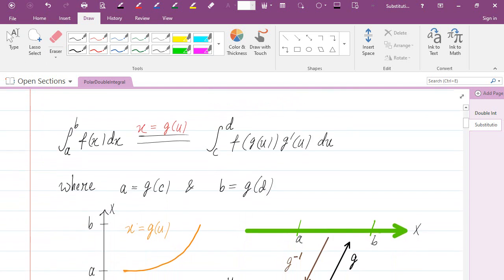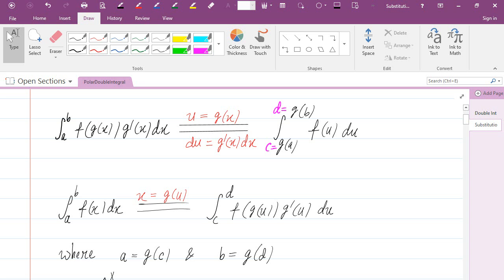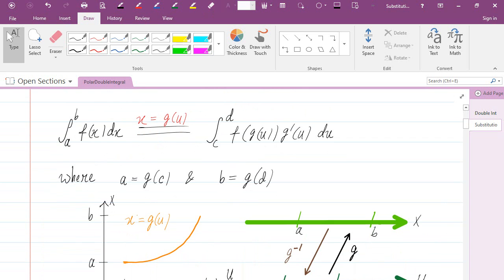So let's say we have the integral from a to b of f of x dx, and then we are going to substitute g of u for x. If we do that, then the differential of x would be g prime of u du. So dx is g prime of u du, and then f of x is f of g of u.